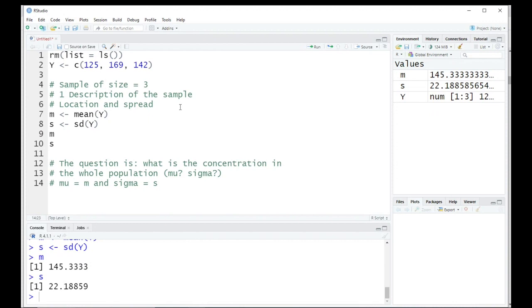If we are strongly convinced that the experiment was valid, then the most likely thing is that the population mean and the population standard deviation are equal to what we observed on the sample.